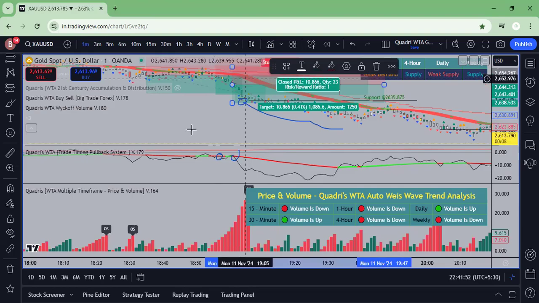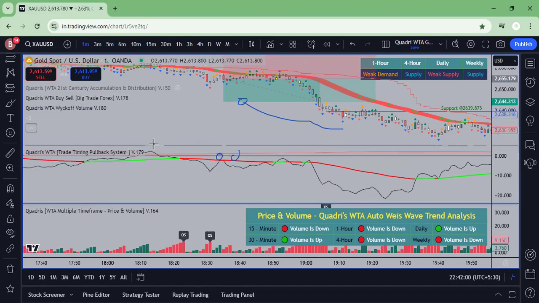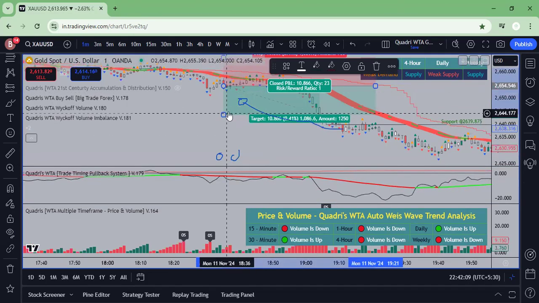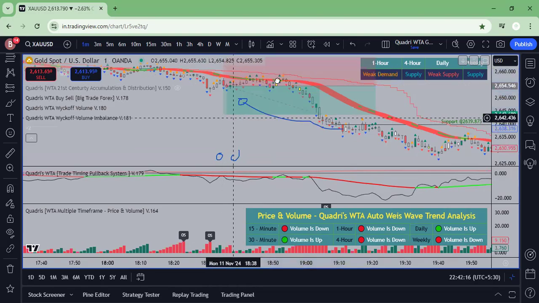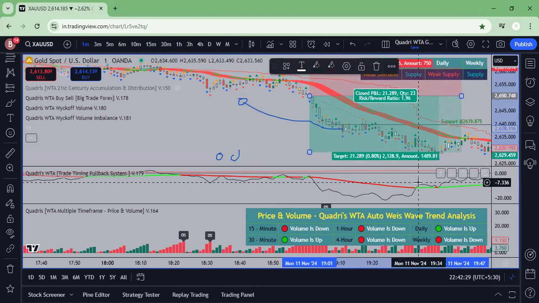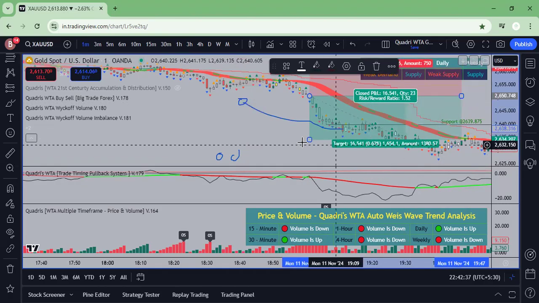If I delete and make it, adding a higher time frame, for example here, even if you're stopped out, your loss would be very minimal. This is your point, third entry. Even this acts as the exit also. As soon as it crosses, you can exit at 1:1.5.